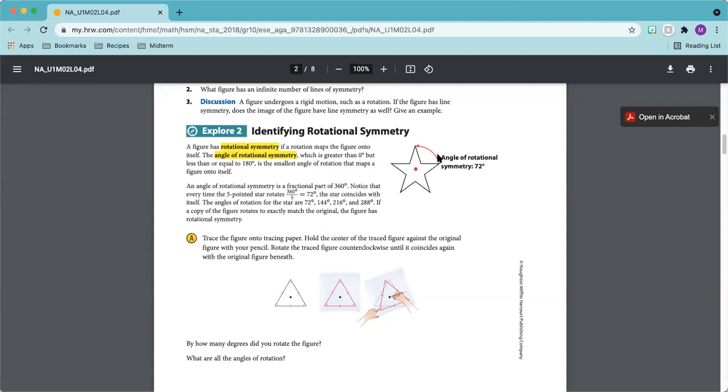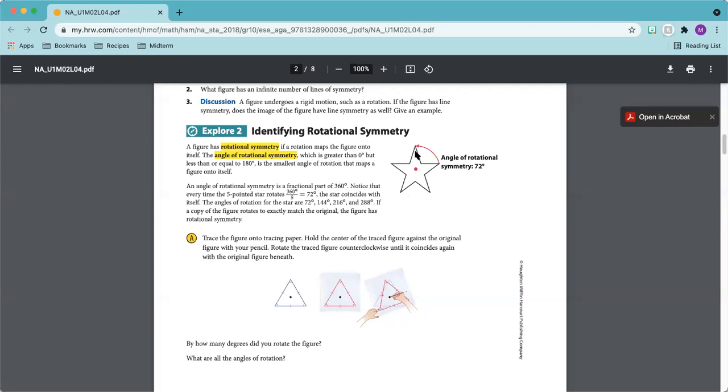It says if I turn the star 72 degrees, it will still look like a star, okay? A figure has rotational symmetry if the rotation maps the figure onto itself. The angle of rotational symmetry, which is greater than 0 degrees but less than or equal to 180, is the smallest angle that maps onto itself, okay?